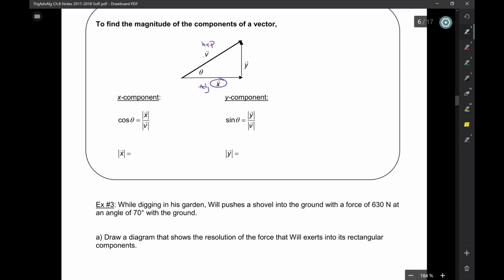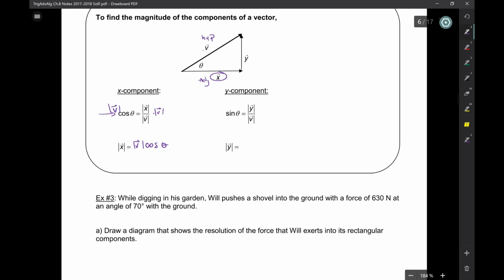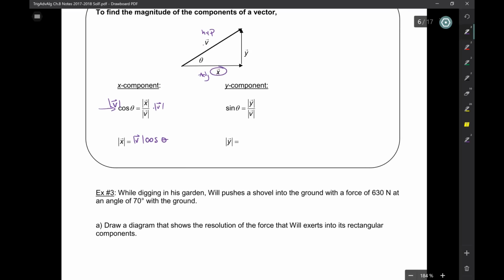Do you remember we did that? And then what did we do? We multiplied by v. So x was v cosine theta, right? And the same way, what did we get for y? Y was v sine theta, right?